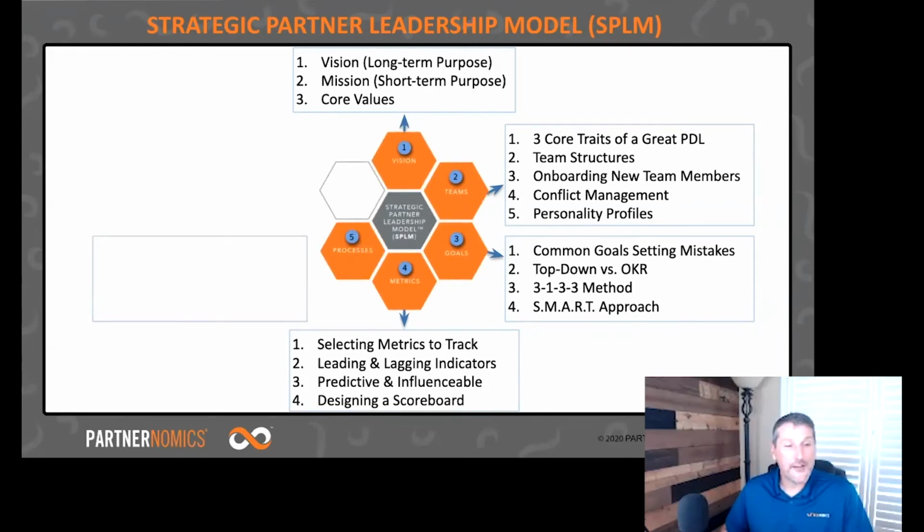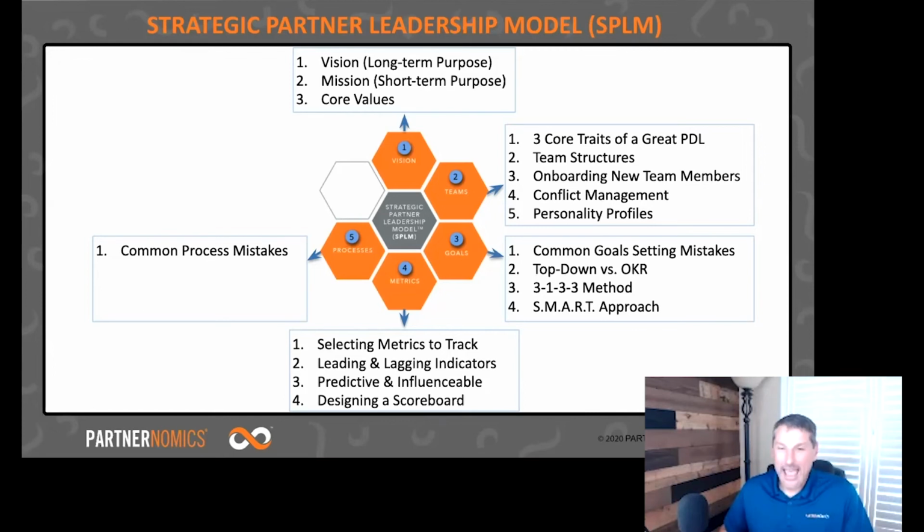Next, we're ready for number 5, processes. And if you are like most other business leaders, the term process probably makes you cringe a little bit. And that is because most processes are bad. They hold us up from doing what we want to do, and that is just execute our partnerships and get results.